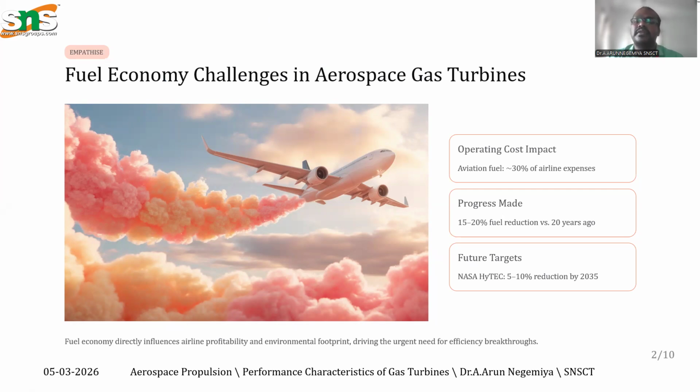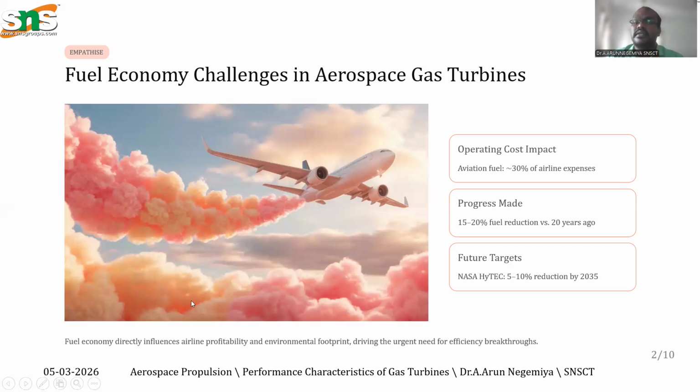In the first one, aviation fuel accounts for about 30% of the cost. Generally, for example, around 30 to 50% of the ticket fare falls under airline fuel. The next one is progress made: 50 to 20% of fuel reductions have been achieved over 20 years.